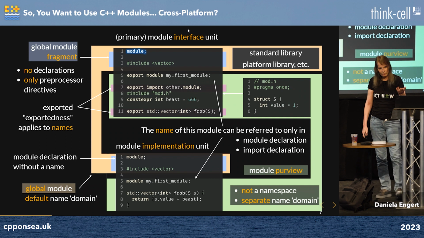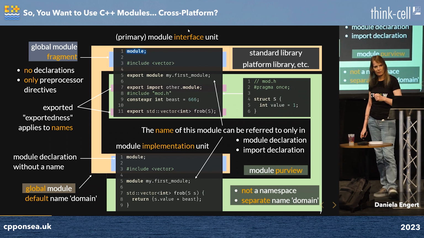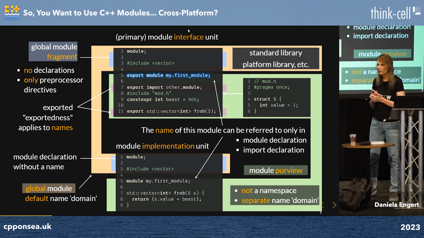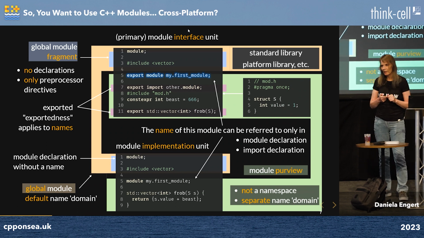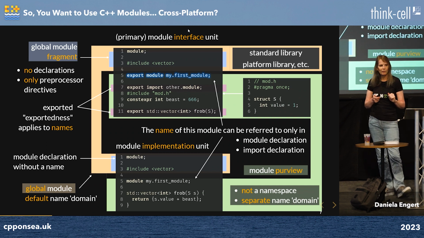So in the syntax, we see a module declaration without a name. So this is the global module fragment. And here, following the first half, is the actual module declaration with the name of the module. And at the beginning of this declaration, we have an export keyword. So this makes this particular translation unit the module interface unit.